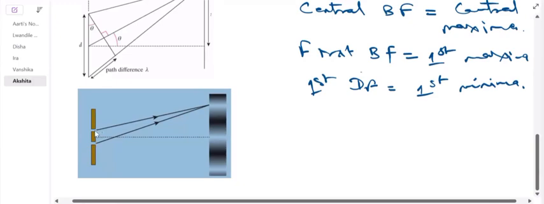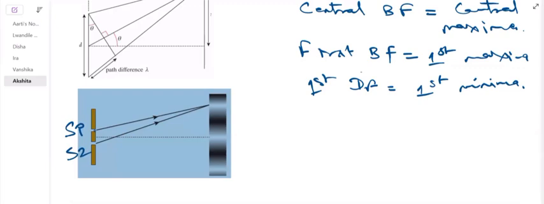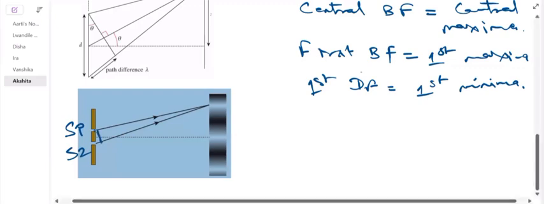When the light is traveling from slit 1 and from slit 2, it is traveling this much distance. This distance and this distance are almost the same. We are comparing it like this: one wave, two wave, three wave. Similarly here also one wave, two wave, three wave.